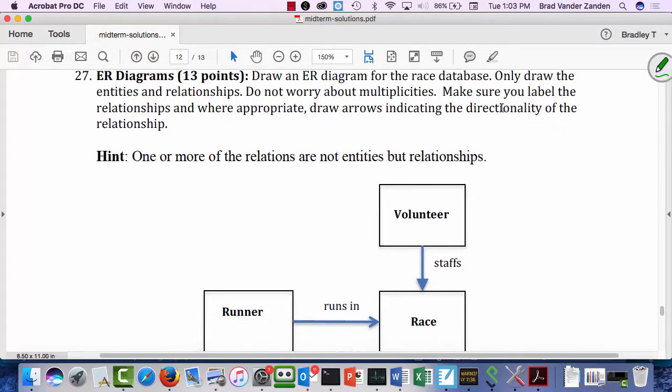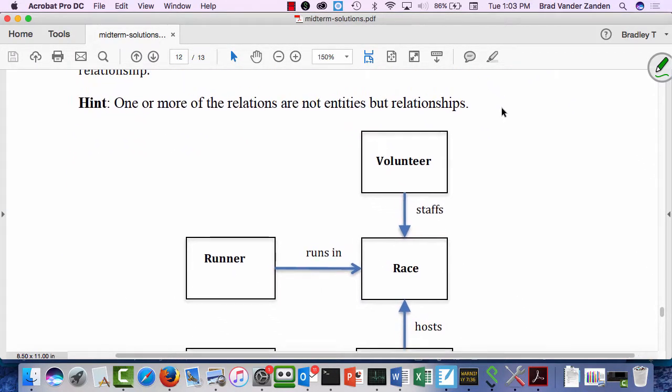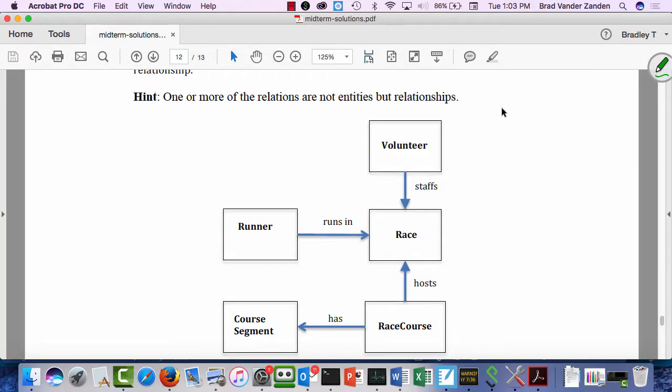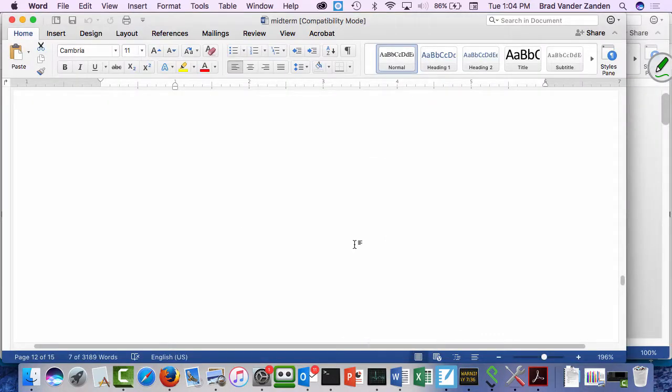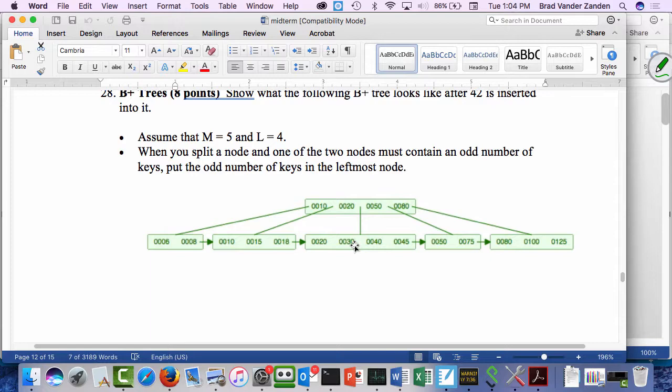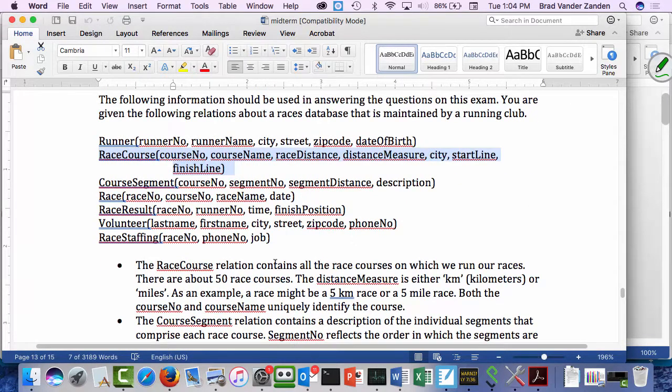Okay. Then on the ER diagrams, there was kind of a bunch of missing on this. Many of you overthought this one. So if you look at the relations, here's the relations.